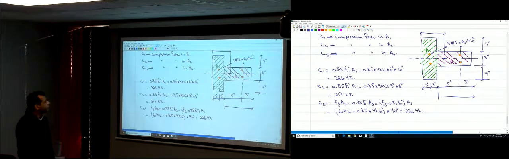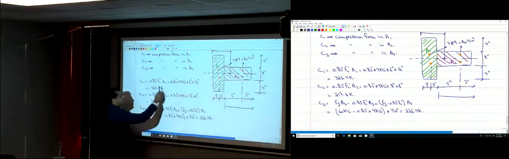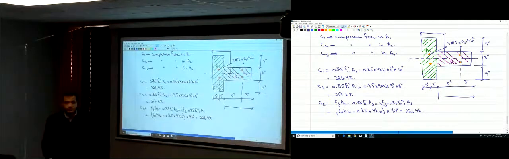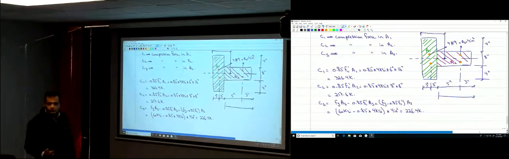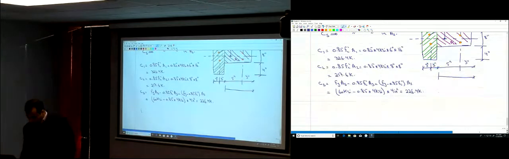So those are the three forces applied on that section. That gives you a uniform strain, that gives you uniform stress. Okay? How much is the force that gives you those? It's the summation of those forces, right? So Pn, the nominal force applied on this section that gives you this strain, is simply C1 plus C2 plus CS.